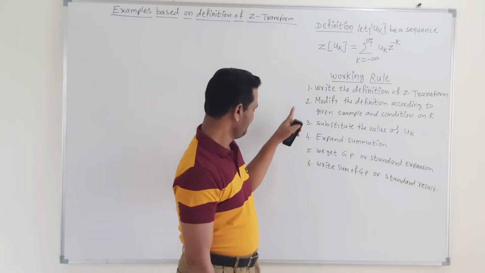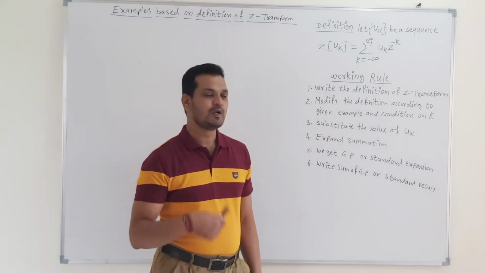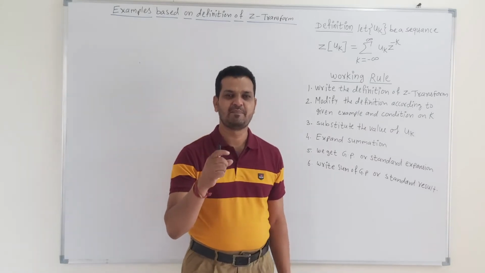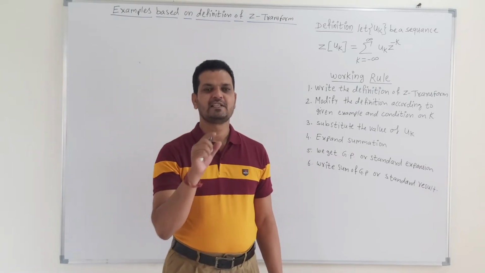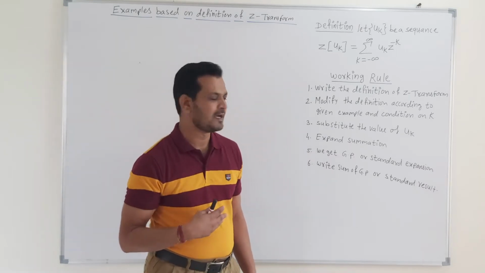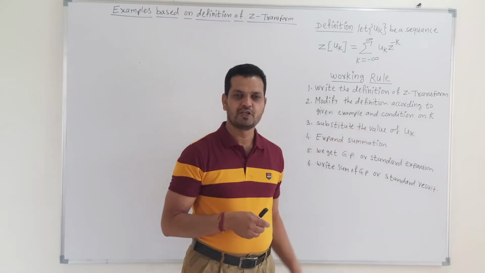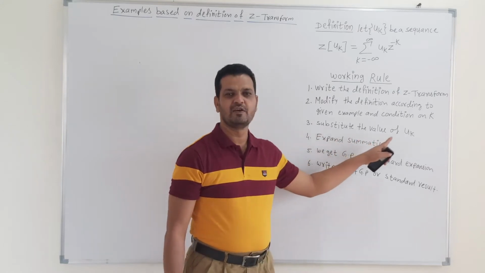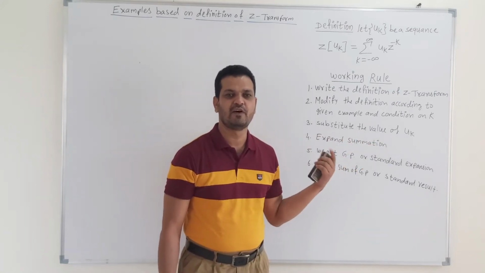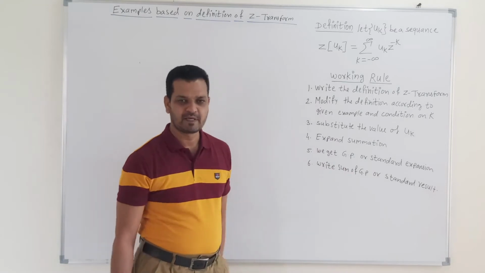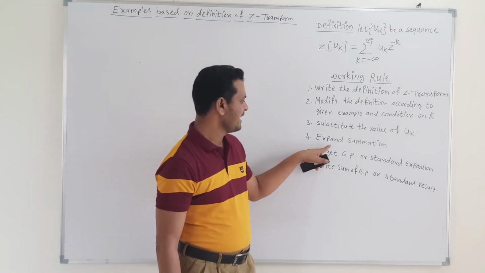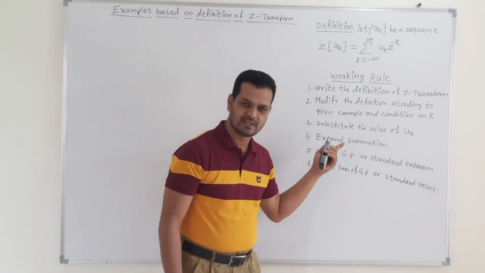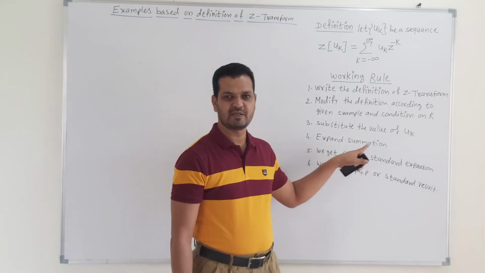Secondly, modify this definition according to the given example and condition on K. That means if the given example is split into two parts, then split the summation sign into two parts and write down the proper condition on K. Then the third step is to substitute the value of sequence UK and the value of K. That is step number 3. And then step number 4 is expansion of summation sign. So after putting the value of UK in the definition of Z transformation, expand the summation sign.